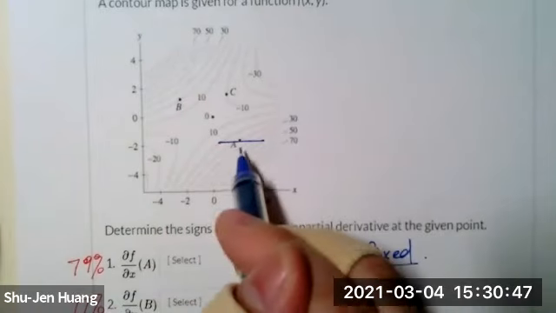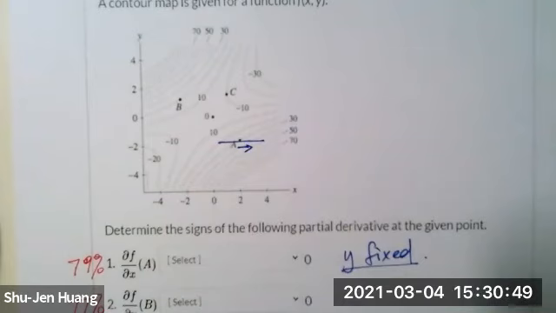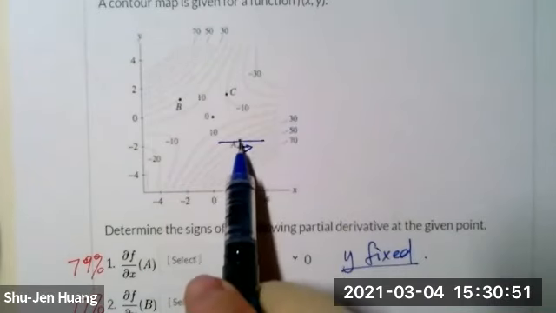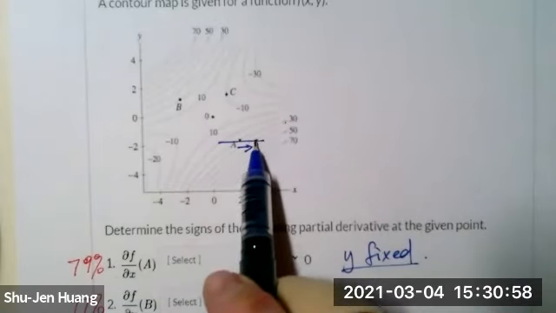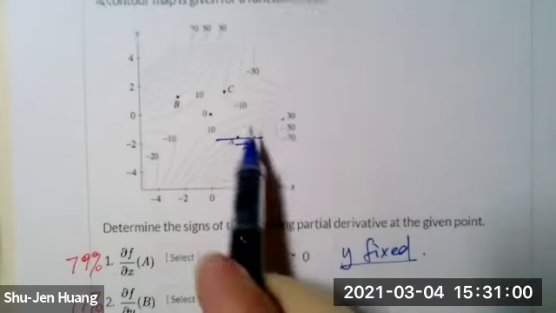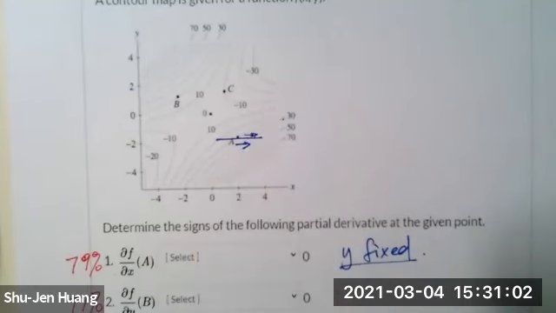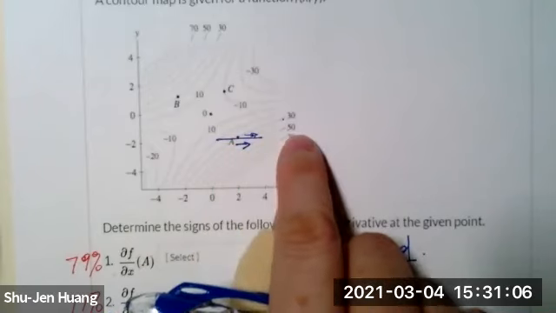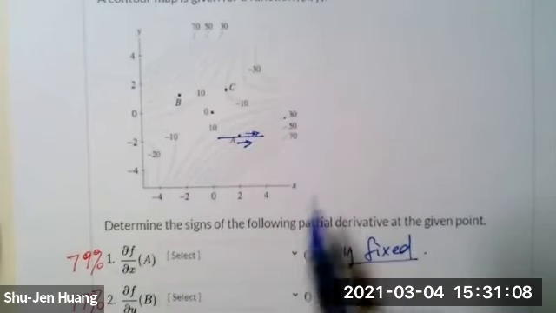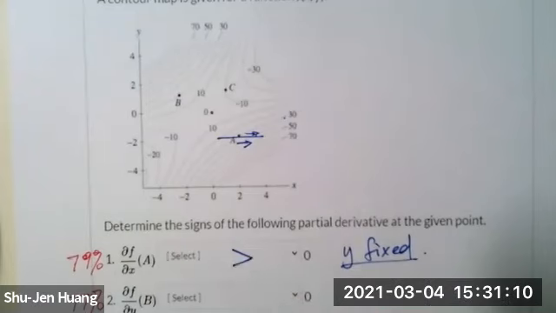So when we increase the x value, you can see on the contour map that at the point A, this is 30, and it increases to 40, 50. Did you see that? The function value increases. When the x value increases, the function value increases, then the partial derivative is greater than 0.